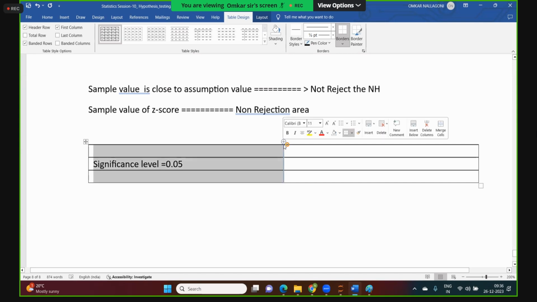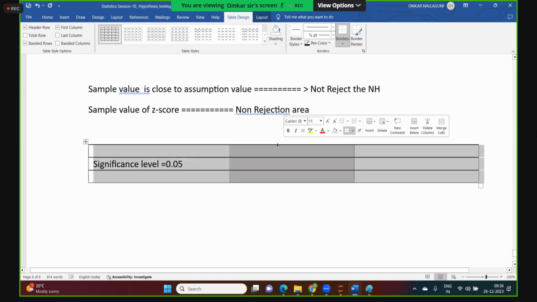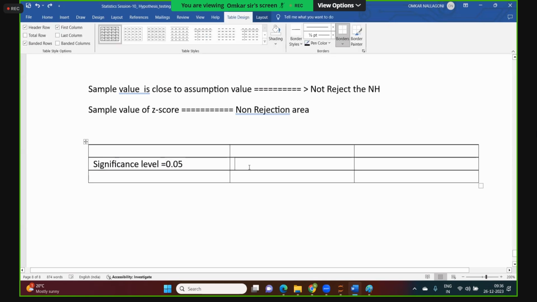Before going to the Z score, what are you calculating? 100 minus 5% is equal to 95%, correct? 0.05 means 5%. That is the significance level you are setting up. So you are getting 95%, and the value you get is 1.96.